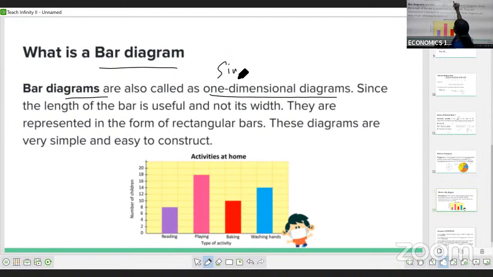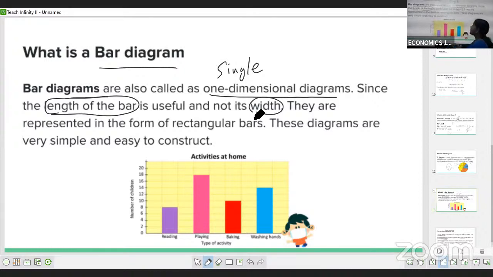In this diagram, we'll see only the length of the bar. We give importance to the length of the bar only, and we'll ignore the width of the bar.